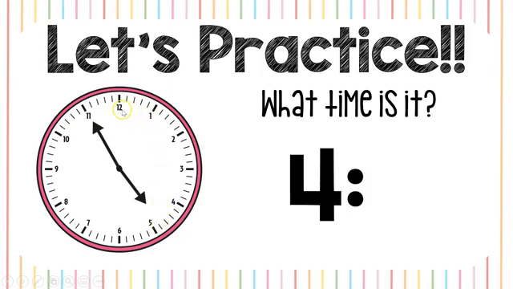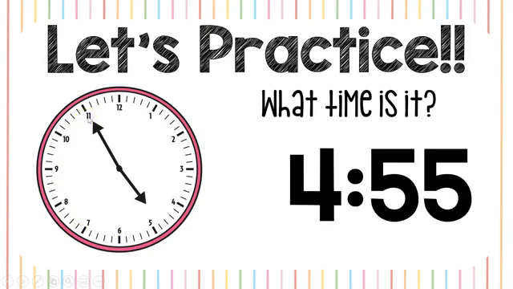And now I'm going to use these numbers to help me skip count by 5s until I reach our minute hand to figure out the minutes. 0, 5, 10, 15, 20, 25, 30, 35, 40, 45, 50, and 55. The time is 4:55.